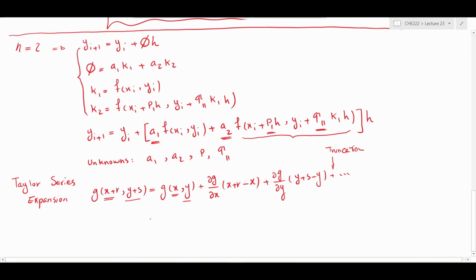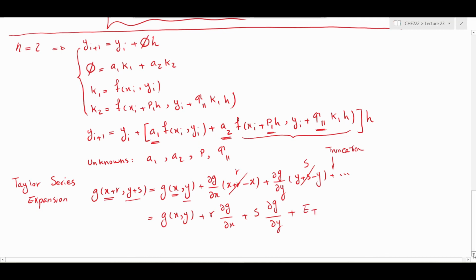So if I simplify this, it will be g of x and y plus r multiplied by del g del x plus s multiplied by del g del y. And of course, because we truncated the Taylor series, there will be a truncation error here.